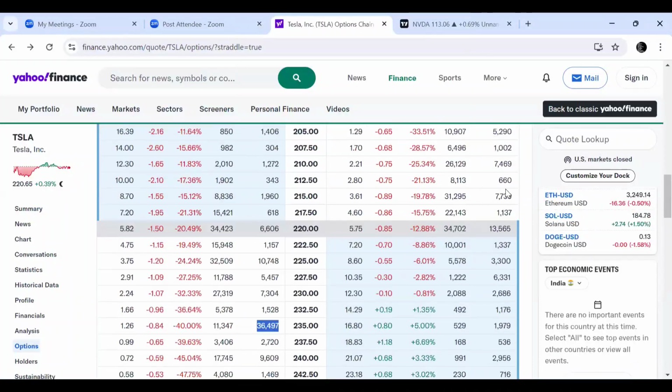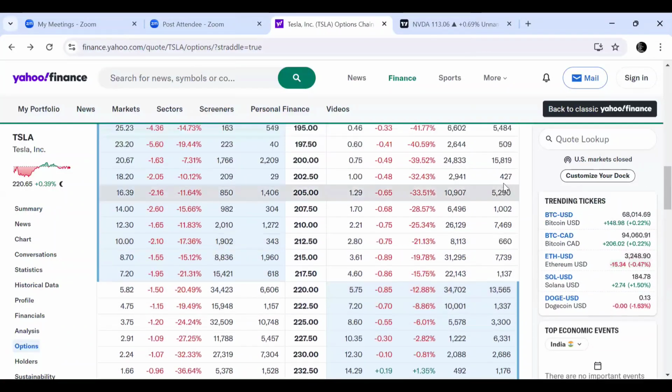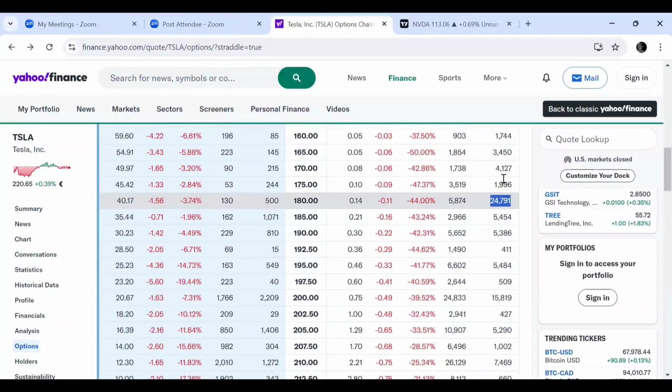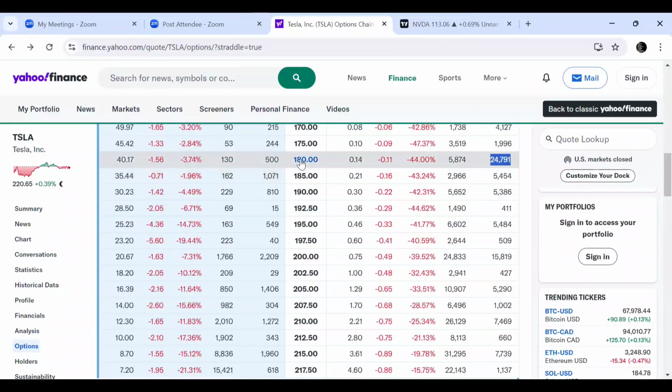So again, I'm checking the put side: 1,000, 7,000, 5,000. Here, 24,000. Here I am seeing more contracts at $180.